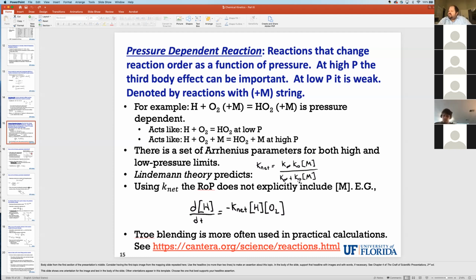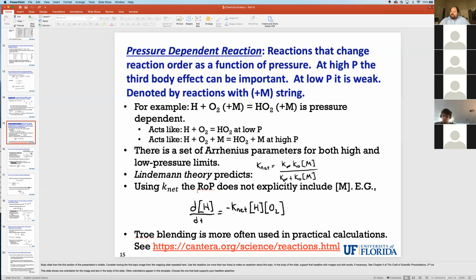And this Lindemann theory predicts that the net rate constant is the high pressure rate constant times the low pressure rate constant times the third body concentration, divided by the high pressure rate constant plus the low pressure rate constant times the third body concentration. Or you can view K_net as the harmonic average between the high pressure rate constant and the low pressure rate constant multiplied by the third body concentration. Okay, and so that's basically what this expression here is saying.